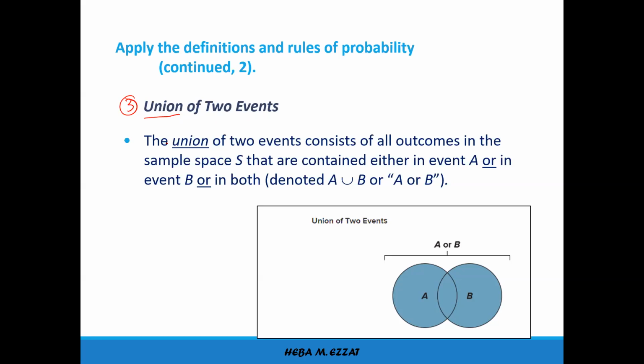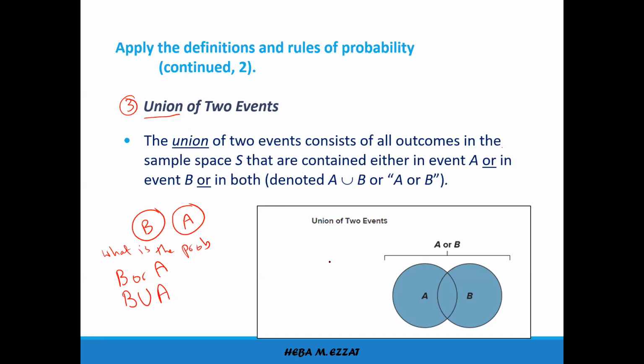We mean that if we have event A and event B, and I want to calculate the probability of getting A or B. We can write it in symbols like this, P of A or B, and we call it the union of the two events.